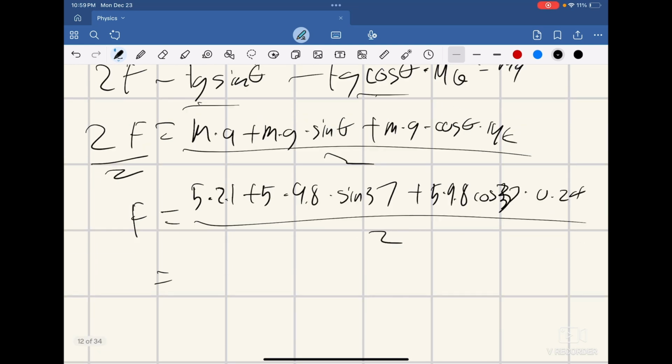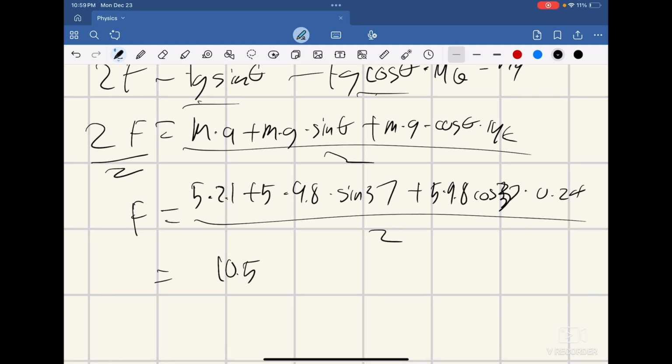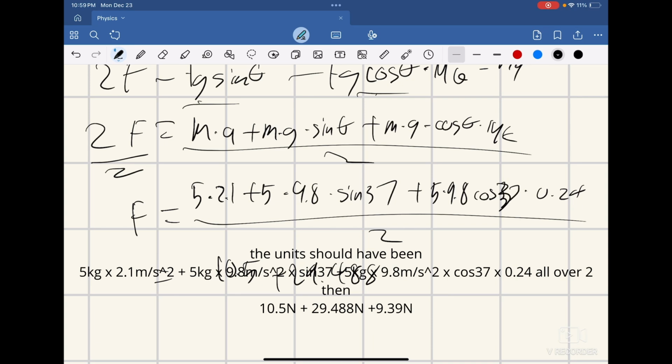This gives us 5 times 2.1, 10.5, plus 5 times 9.8, 49, times sine 37, 29.48, plus 5 times 9.8 times cosine 37 times 0.24, 9.39, all over 2.